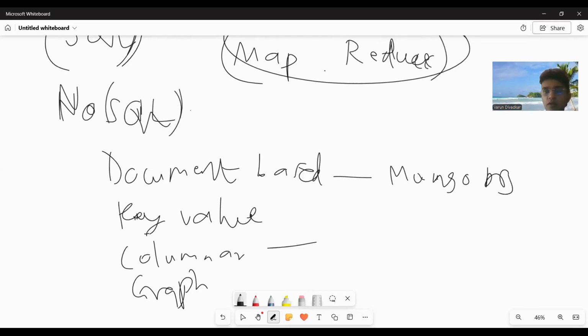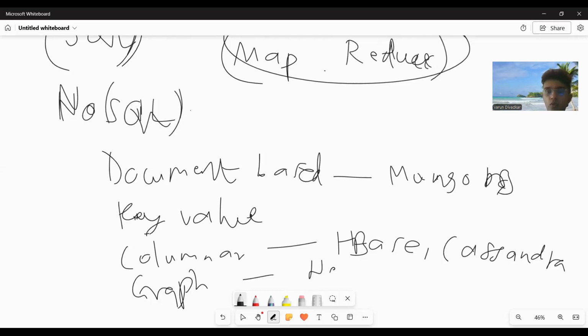Columnar databases are HBase and Cassandra. Graph databases are Neo4j. These are the databases under every category. And the key value database is basically Redis.